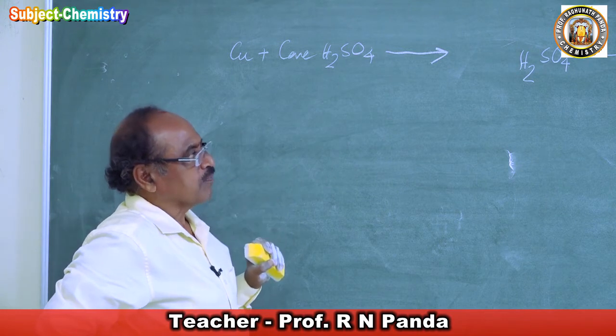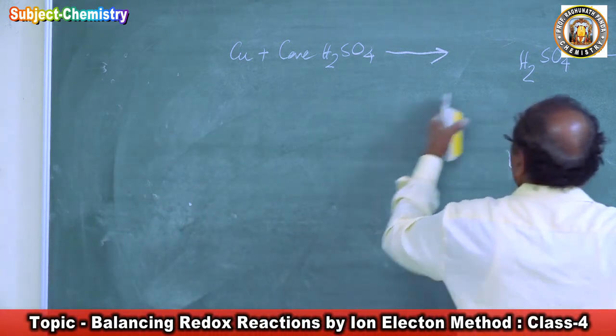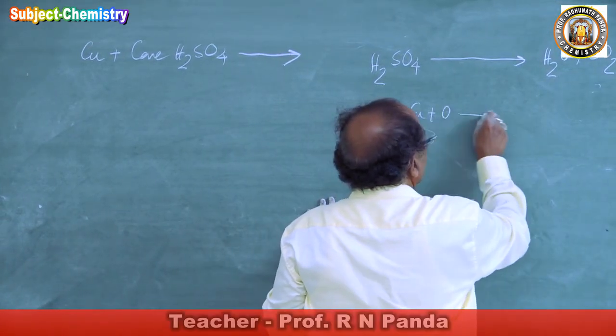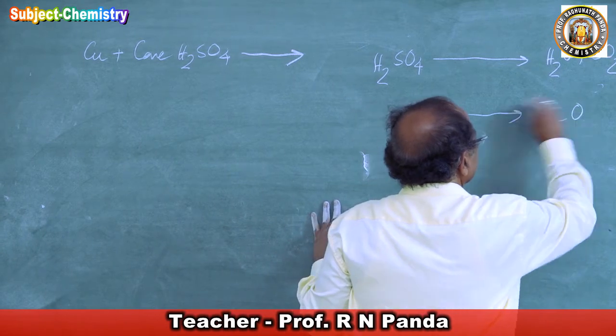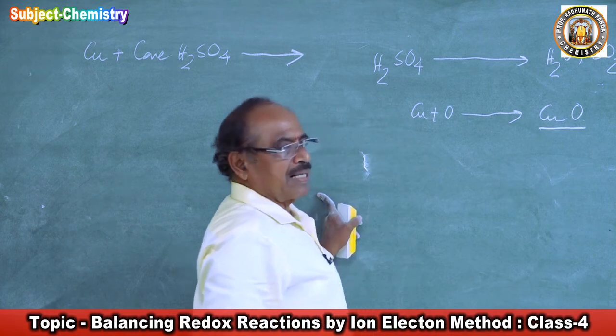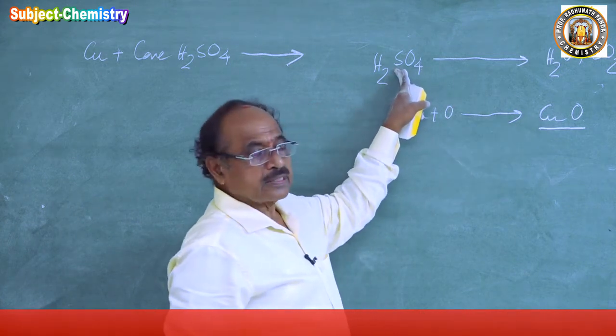So we'll write the ionic form there. What's happening here? Let me write the equation first. So this O will react with copper to form copper oxide. The copper oxide is a metallic oxide and metallic oxides are basic. So this copper oxide will react with sulfuric acid.